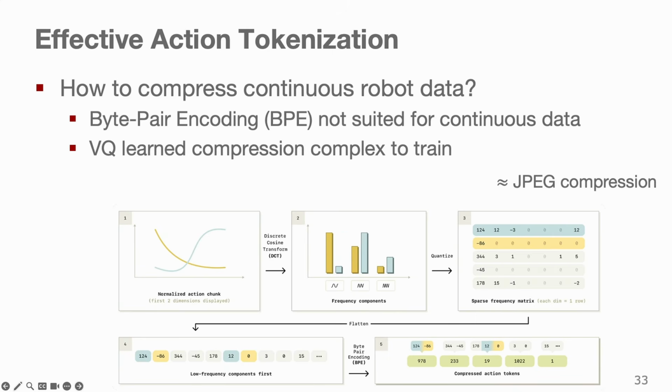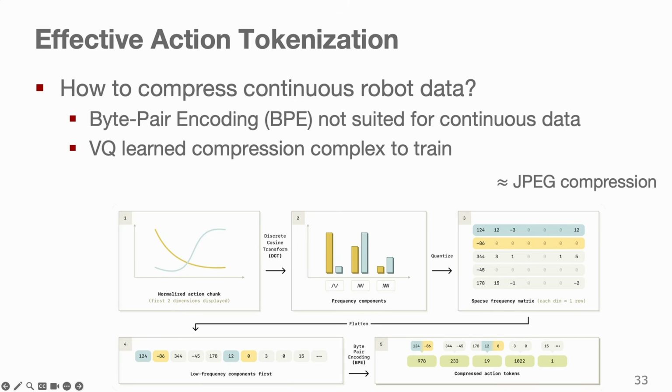So if you ever wondered how, for example, JPEG compression works, this is essentially it. Robot action chunks are smooth trajectories, and smooth signals have most of their energy in the low frequency domains. So when you apply DCT to each action dimension, you're moving from the time domain to the frequency domain. This gives you a sparse frequency matrix where most high frequencies are near zero.